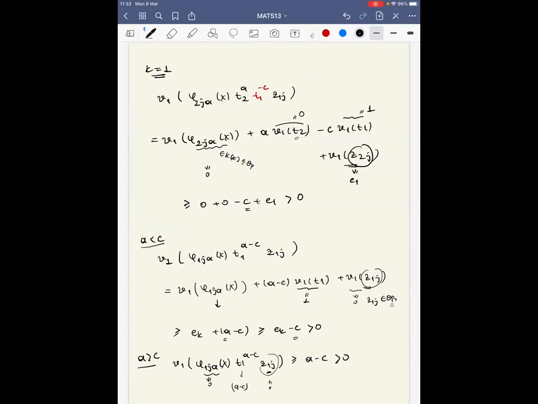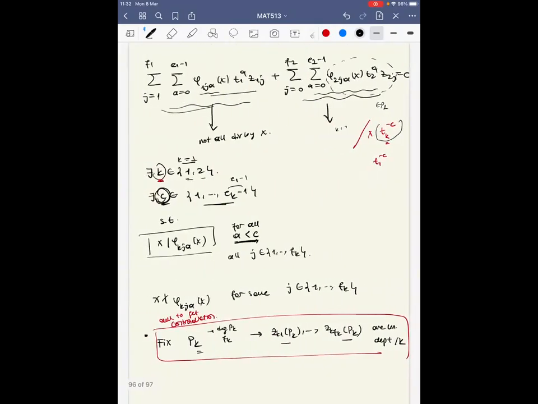So the valuation of this term is also positive. So after multiplication by t1 to the minus c, we can see that this term belongs to place p1.